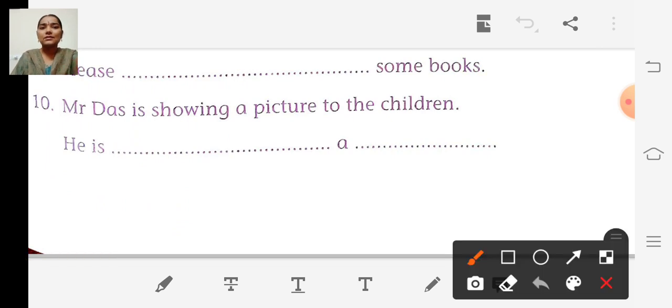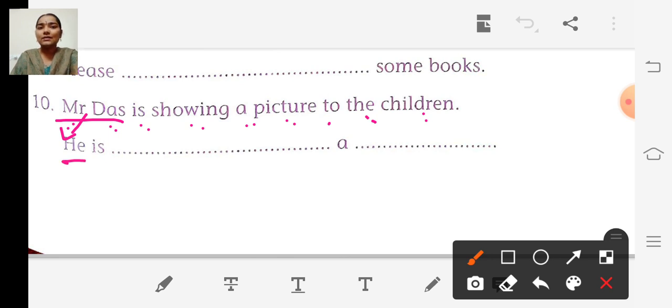10th sentence. Mr. Das is showing a picture to the children. So Mr. Das is a male. So they have written he.